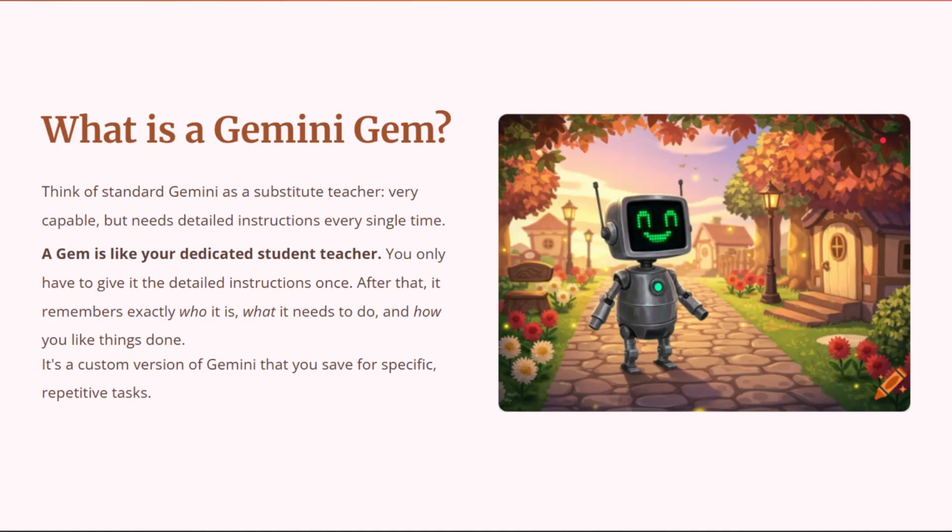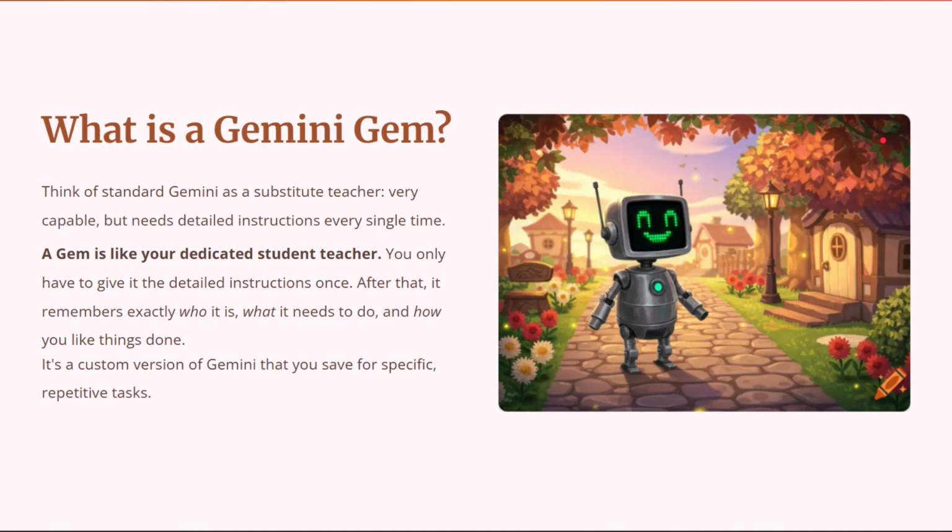Now, a gem is like a dedicated student teacher. You only have to give it the instructions once, very detailed instructions, because we've got a brand new student teacher. After that, your gem remembers exactly who it is supposed to be, what it needs to do, and how you like things done. So it's a custom version of Gemini that you save for the specific repetitive tasks that you do.